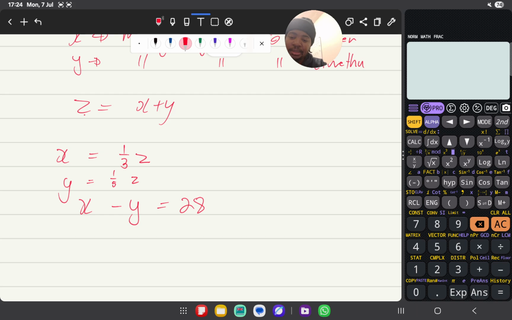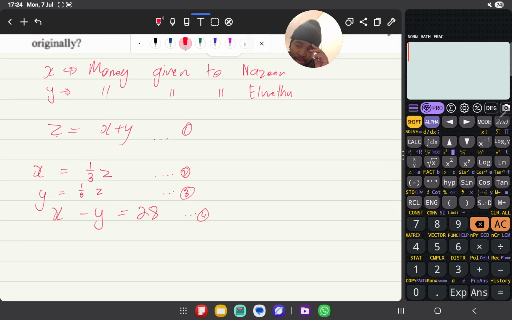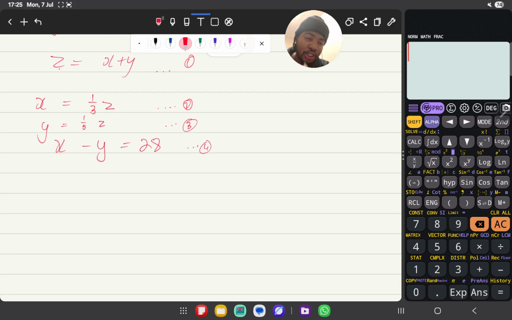Equation 1, which is that. Equation 2. Equation 3. Equation 4. I'm going to try to use all of them. But I'm very sure there's a better way of actually naming your variables here.